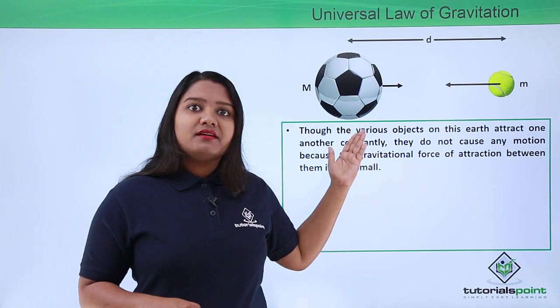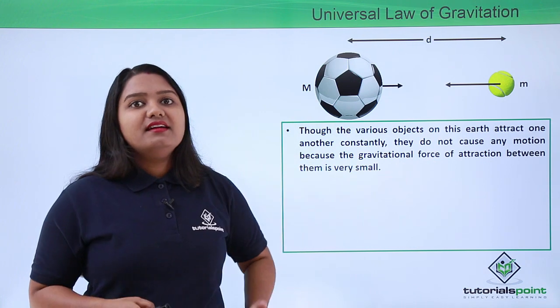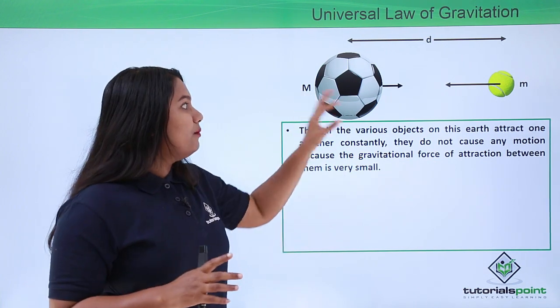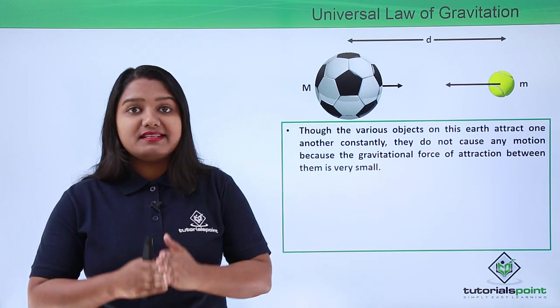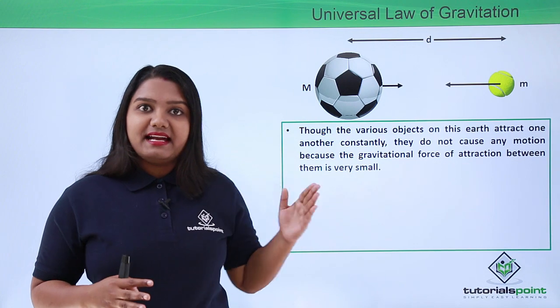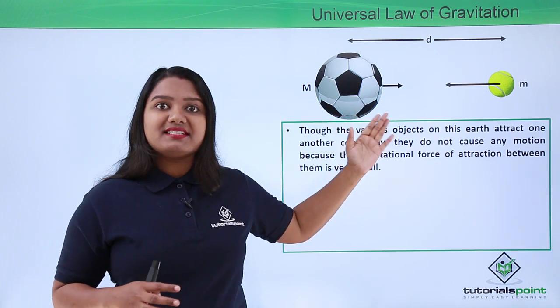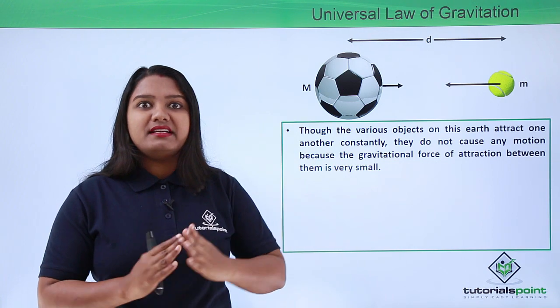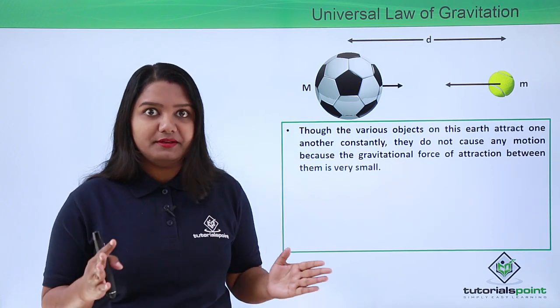Now the reason behind this is that these two masses are very, very small, and the force of attraction is directly proportional to the product of their masses, and that is the reason why we do not observe any motion in these two bodies, since the force of gravity is extremely small, or we can say it's negligible.